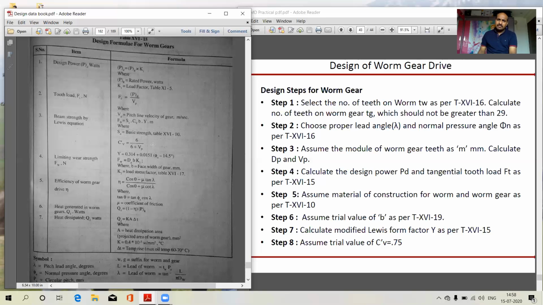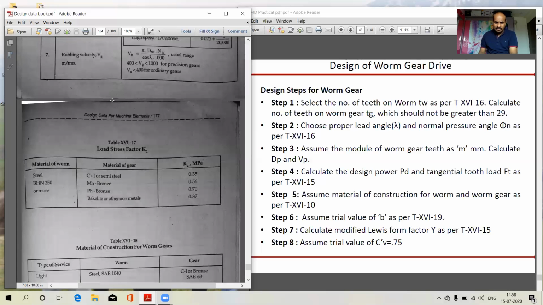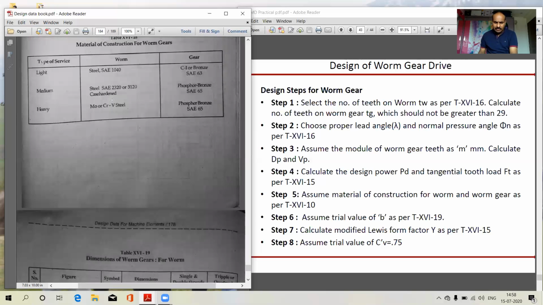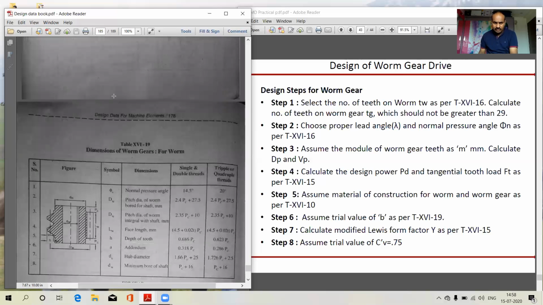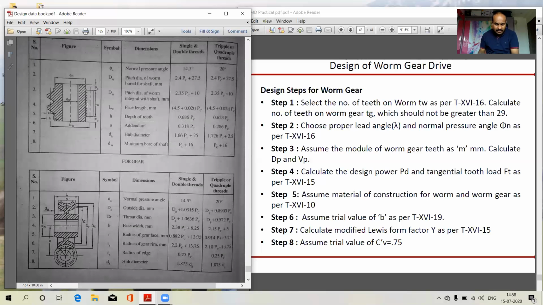B. What is B? B is width. How is it calculated? For calculating the width, you must go to page number 178. See here, the face width.